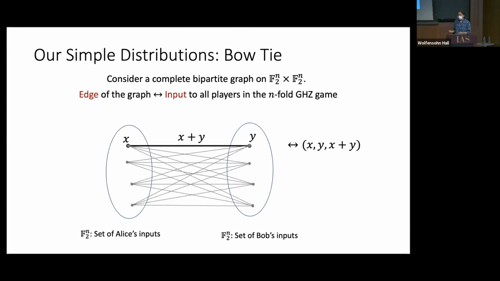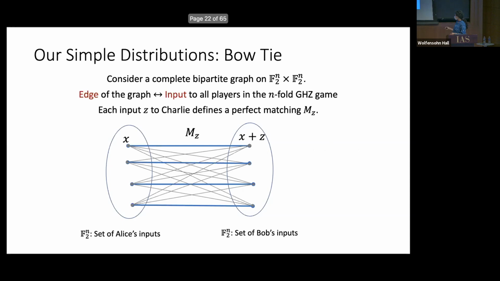The edges of this graph represent inputs to the n-fold GHZ game. We're also going to label the edges of this graph by the sum of the endpoints. So under this labeling, each input to Charlie defines a perfect matching in this graph. For different inputs to Charlie, you get different perfect matchings.